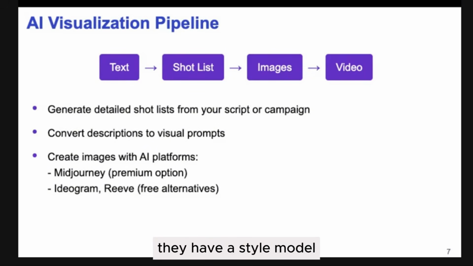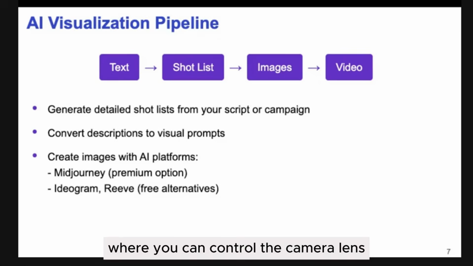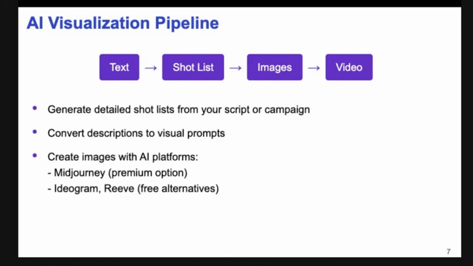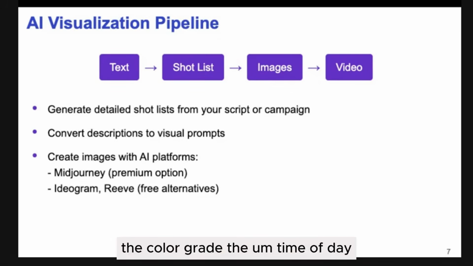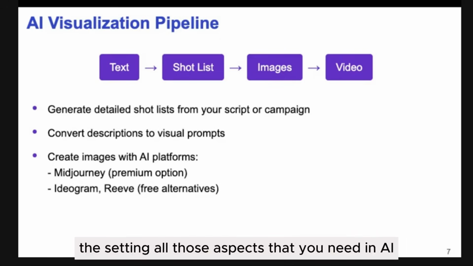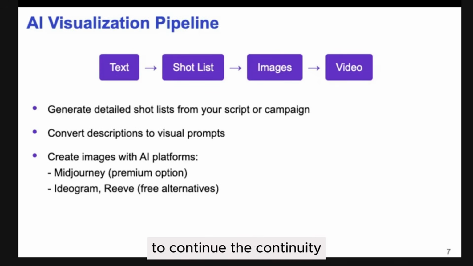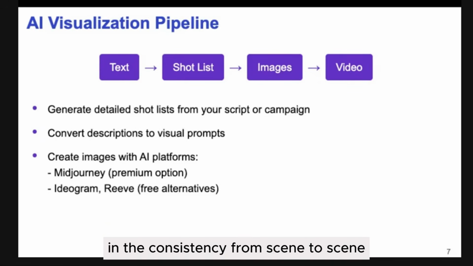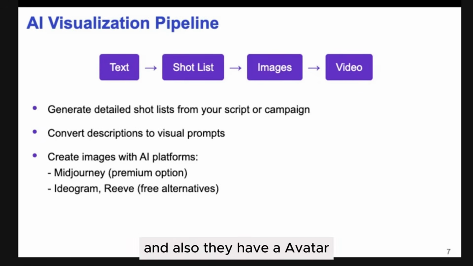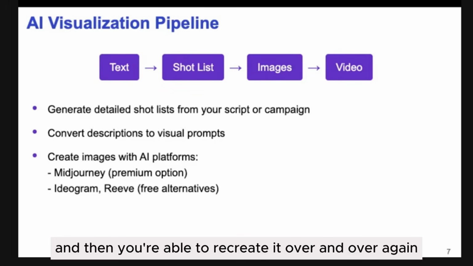They have a style model where you can control the camera lens, the color grade, the time of day, the setting, all those aspects that you need in AI to keep the continuity and consistency from scene to scene. They also have an avatar prompt: if you have a person or a product that you need to look the same, you upload your image and you're able to recreate it over and over again.